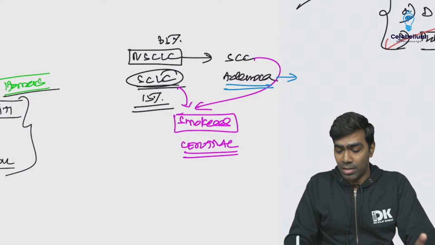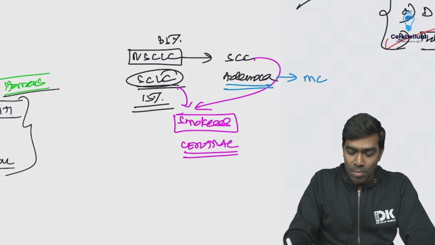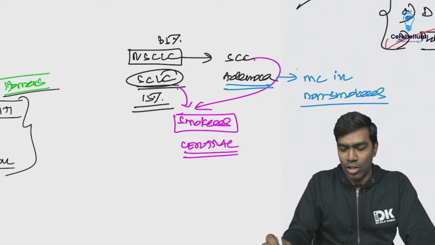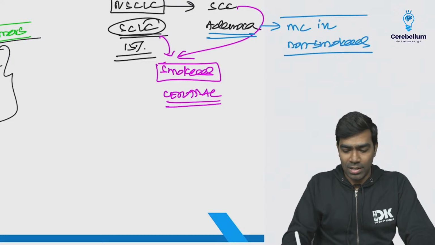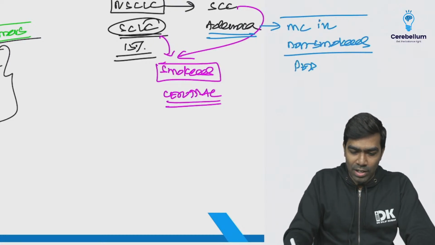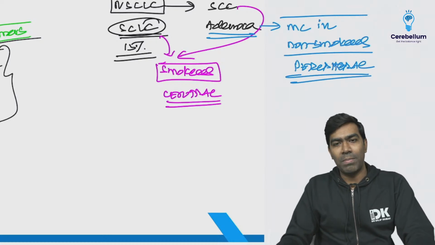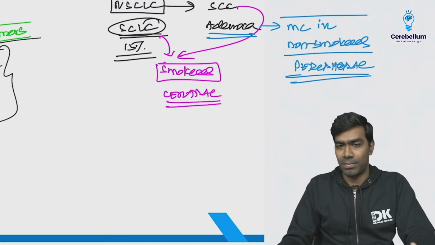But remember, adenocarcinoma is the most common lung cancer in non-smoking population, and it will be typically peripheral in nature, not central.